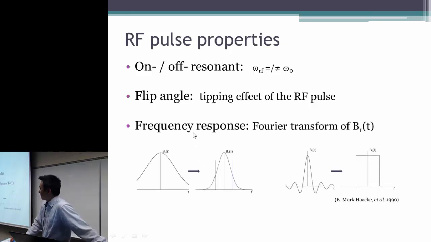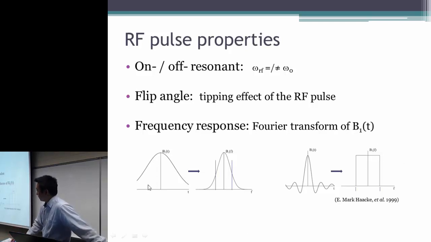And there is another property, the frequency response. So when we play our RF pulse, we have to play it out in the temporal domain, right? In the time domain, because we are living in time. But its frequency response, we can view simply using the Fourier transform of this RF pulse, of this B1 field.